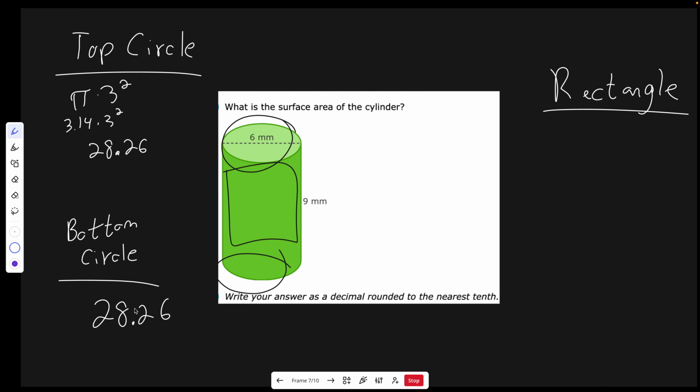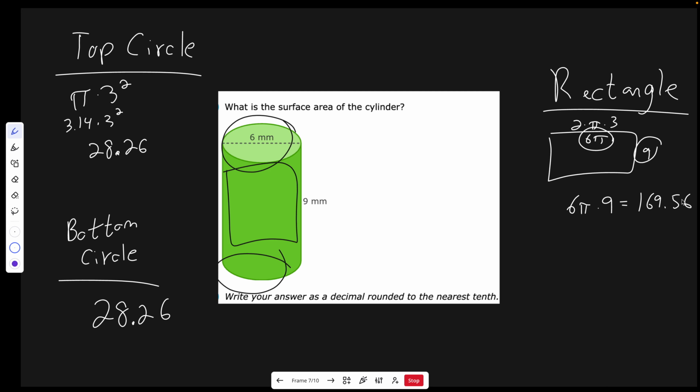And now the rectangle, if we were to draw a rectangle, we know this side is 9, and we said this is 2 pi r. So this would be 2 times pi times 3, which is 6 pi. And so now, to find the area of a rectangle, we do length times width, base times height. And so 6 pi times 9, and remember using 3.14, will give us 169.56.